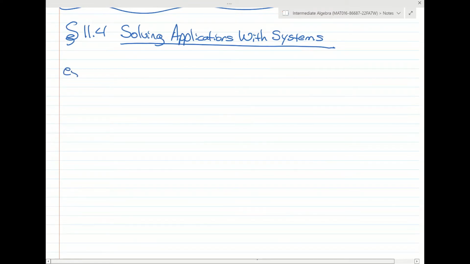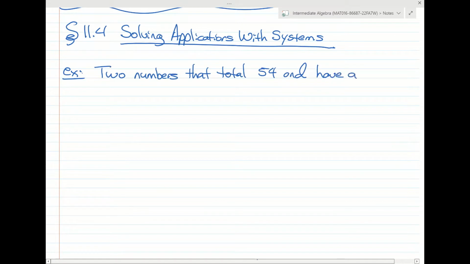And let's go ahead and take a look here. What if we had two numbers that total 54 and have a difference of 8?